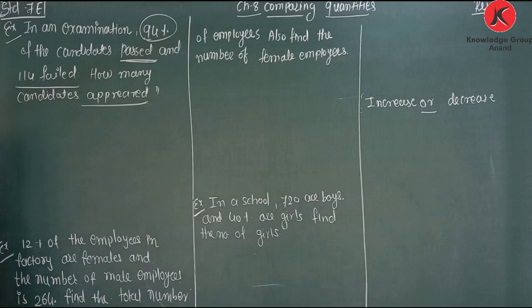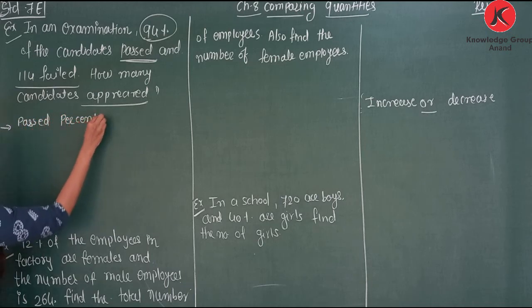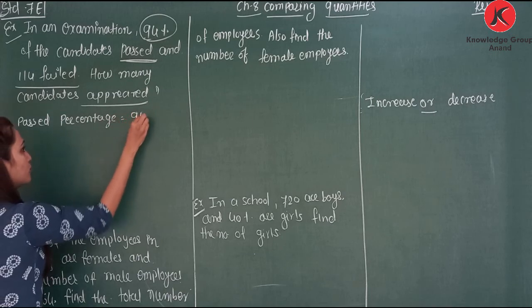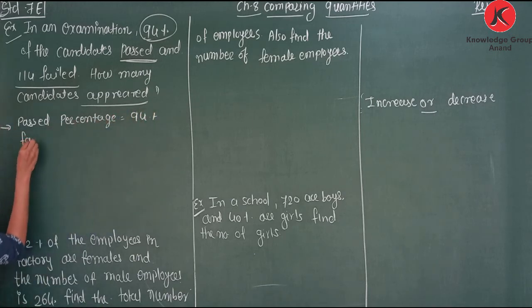the failed percentage, because the total percentage is 100. So we can write the pass percentage is 94. So what is the failed percentage?